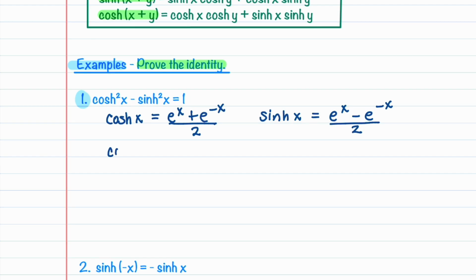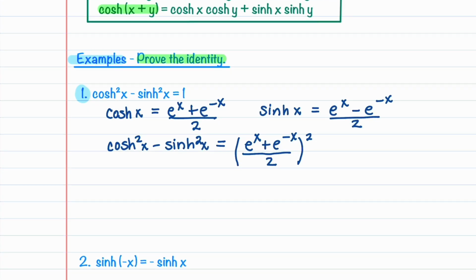This gives us cosh² minus sinh² is equal to our first exponential expression, e to the x plus e to the minus x, all divided by 2 squared. And then we subtract off our second term that is squared. So this is e to the x minus e to the minus x, all divided by 2, and that gets squared.